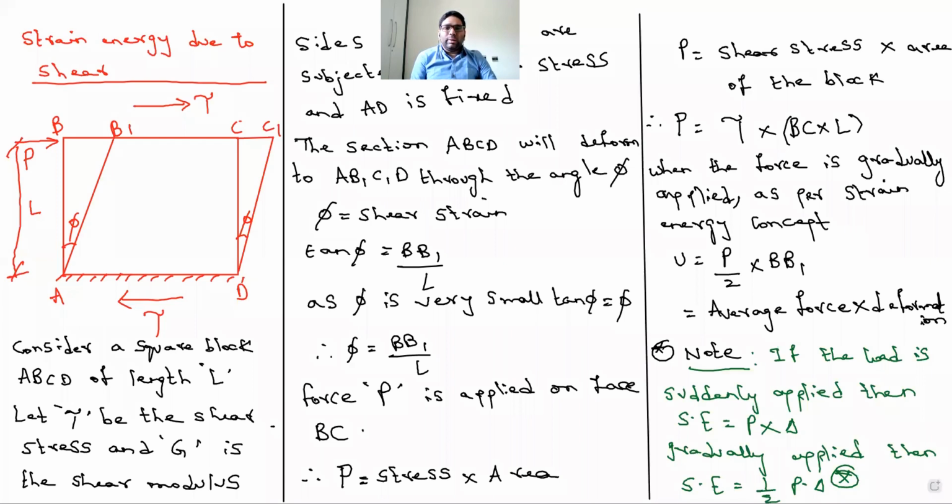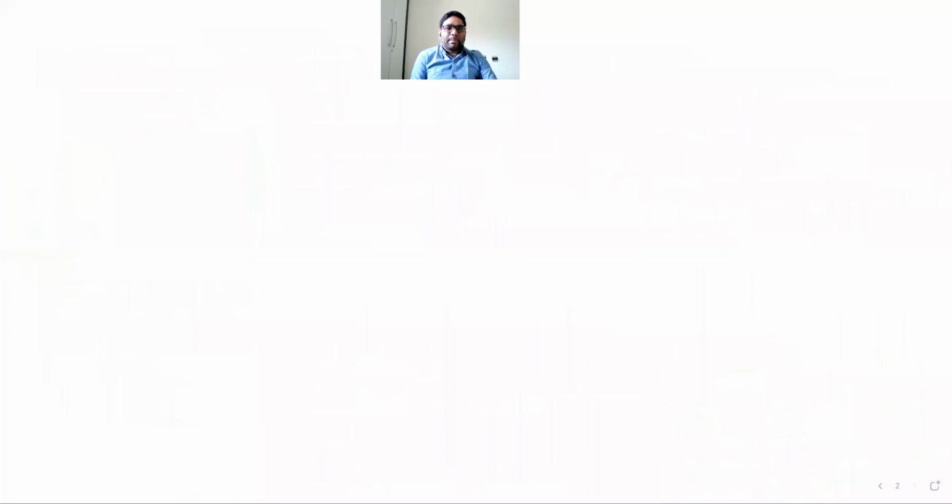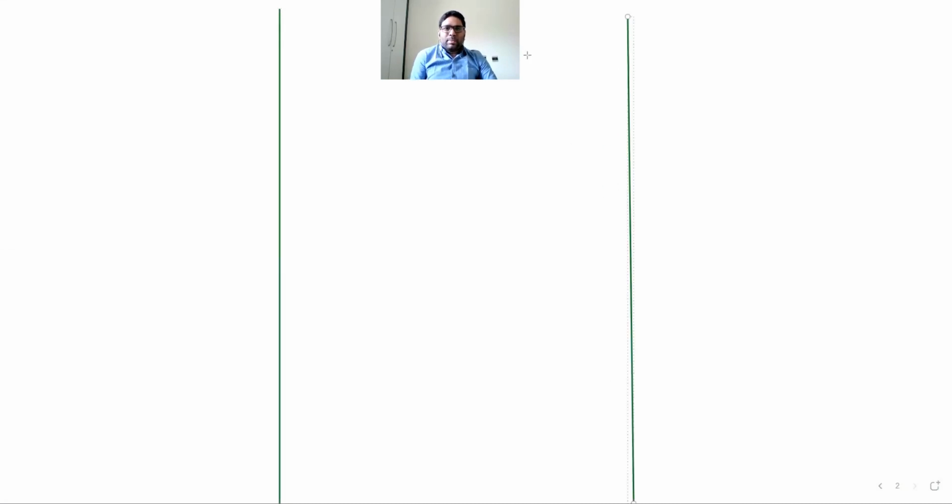Now moving forward, what do we know now? We know that U is equal to P by 2 into BB1. U is equal to P by 2 into BB1.